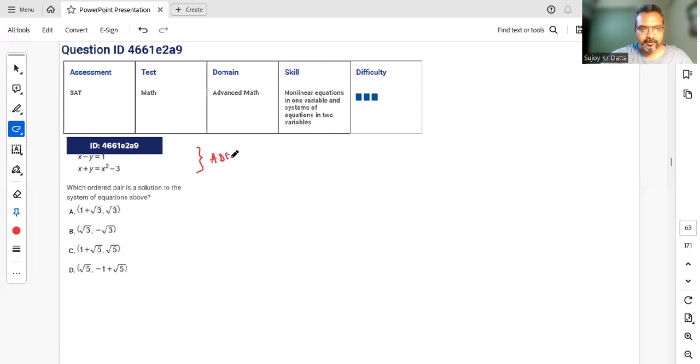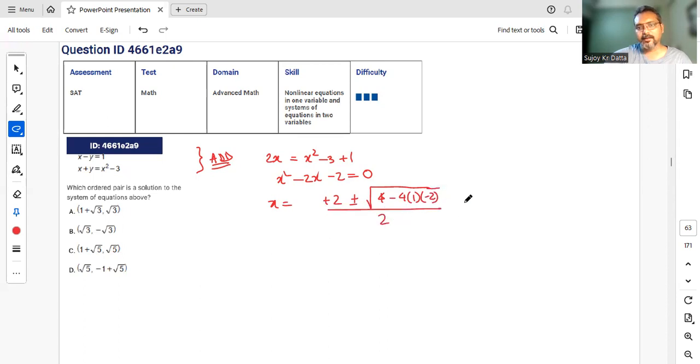Add the equations. So we get 2x equals x squared minus 3 plus 1. So that's basically x squared minus 2. So x squared minus 2x minus 2 is 0. They're asking what are the solutions. So we'll just use the formula here quickly. So x would be minus b, so minus of minus 2 plus minus root of b squared minus 4ac upon 2a.